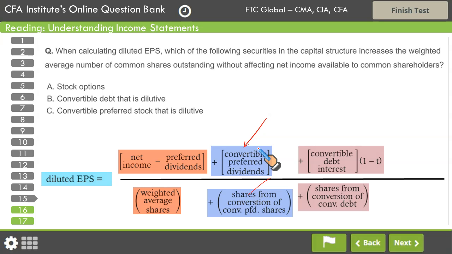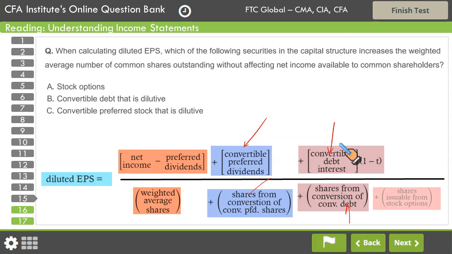When you have convertible bonds, in that case, you need to adjust your denominator as well as add back after tax interest. So, convertible bonds and convertible preferred stock will require an adjustment in the numerator as well as the denominator.